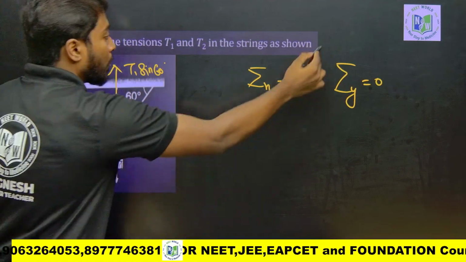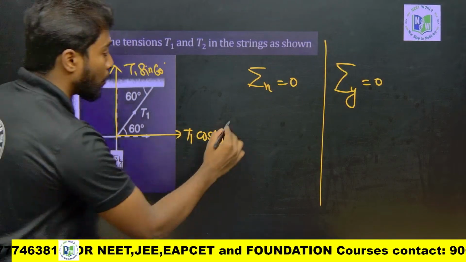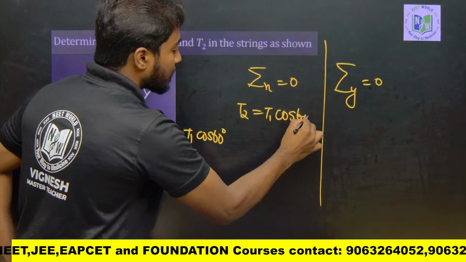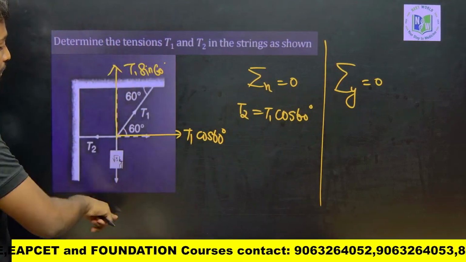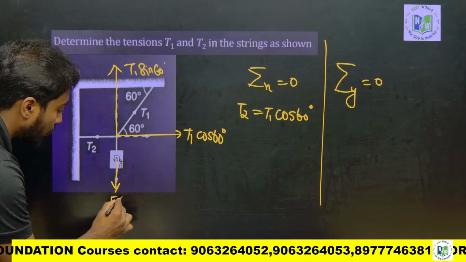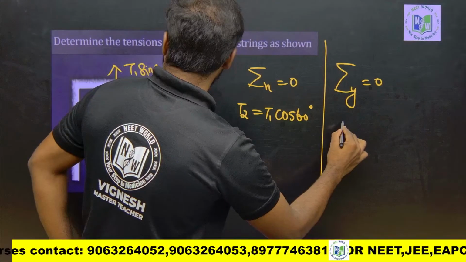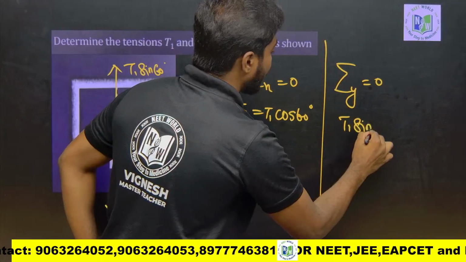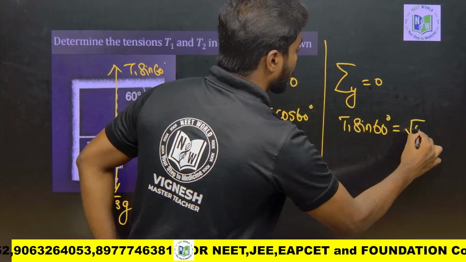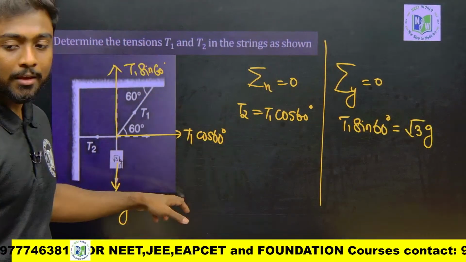In the x axis, T2 equals T1 cos 60 degrees. In the y axis, this one is root 3 g, so T1 sin 60 degrees equals root 3 g. So these are the two equations I got from the figure.